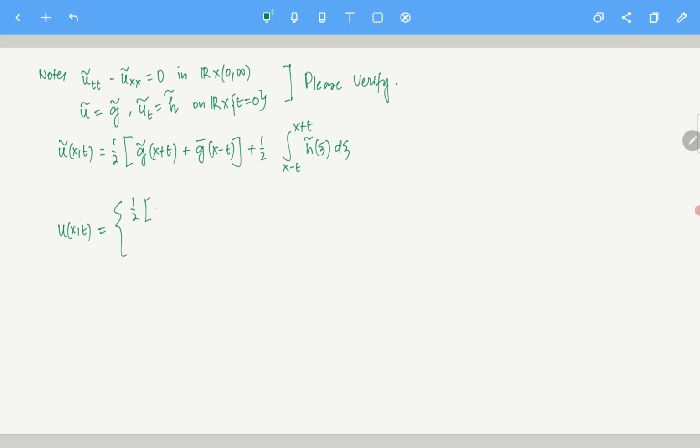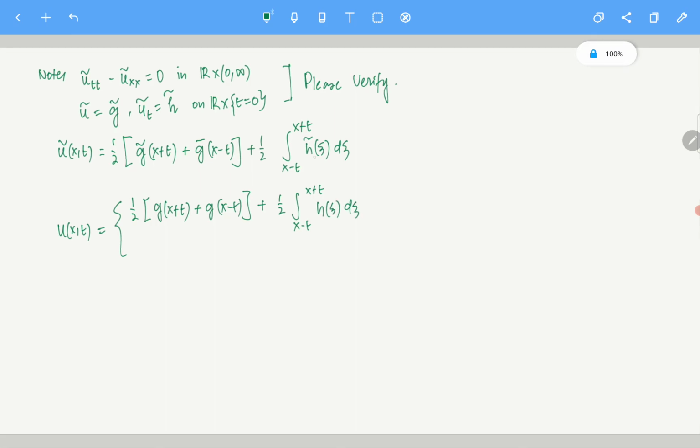Half g of (x plus t) plus g of (x minus t), plus half the integral from x minus t to x plus t of h of xi d xi.